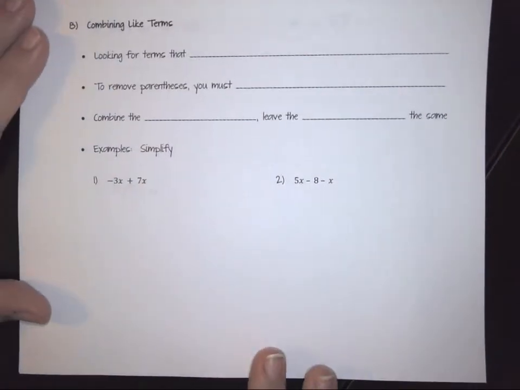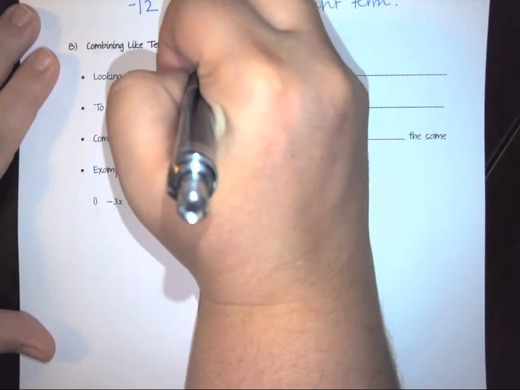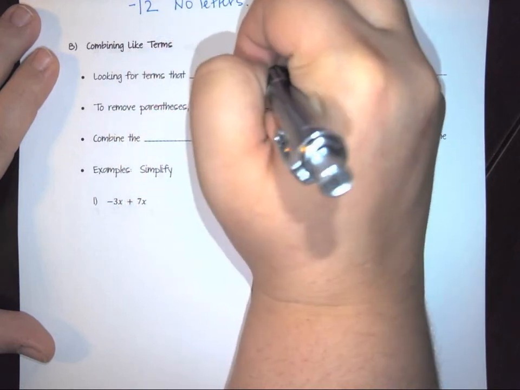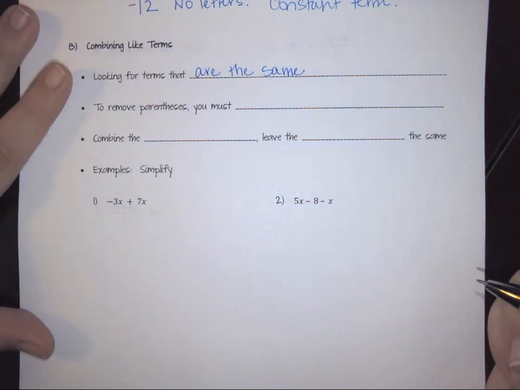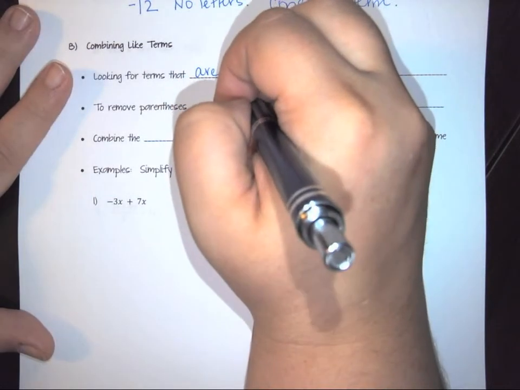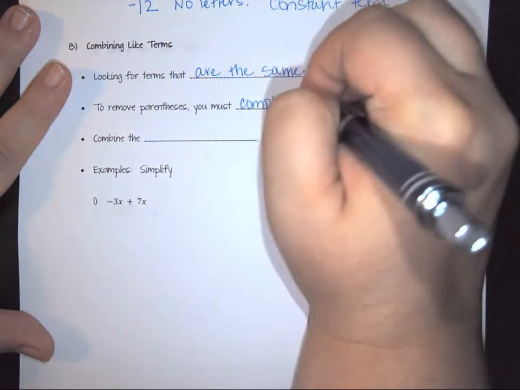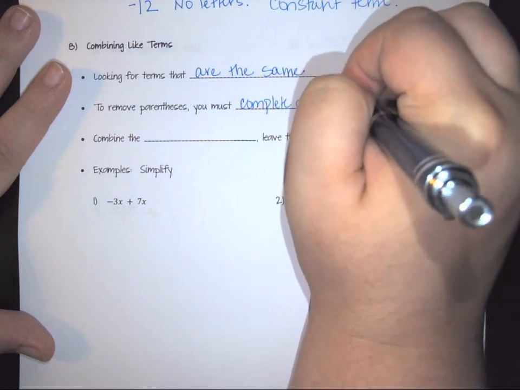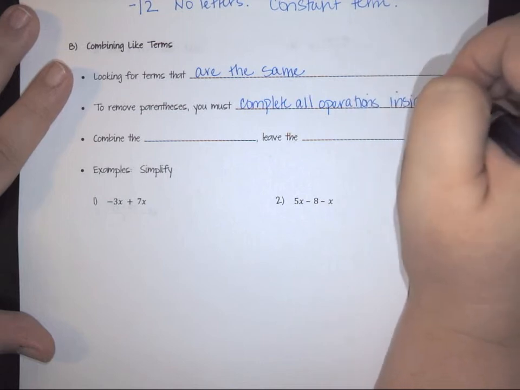Now, the biggest thing we do with terms is we have to combine them. So combine them says that we are looking for terms that are the same. Once you identify them, in order to remove any parentheses, you always have to remember that you have to complete all operations inside your parentheses.